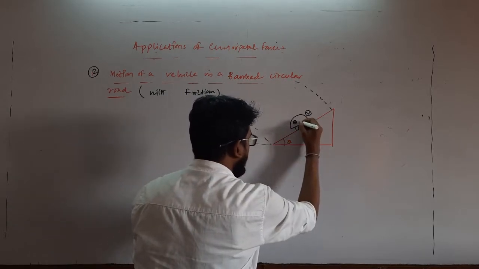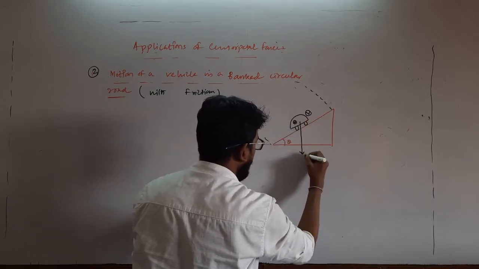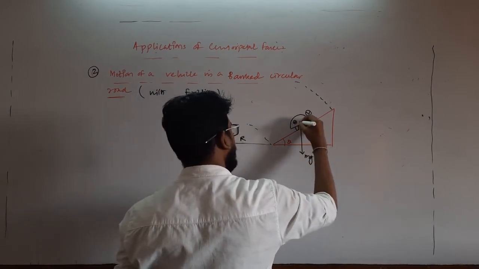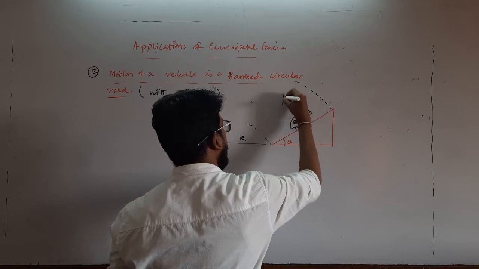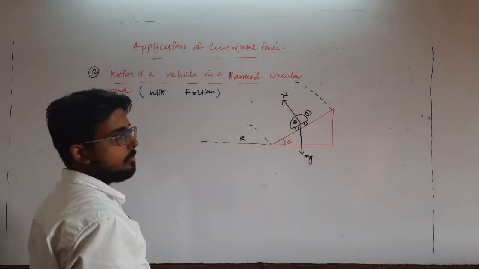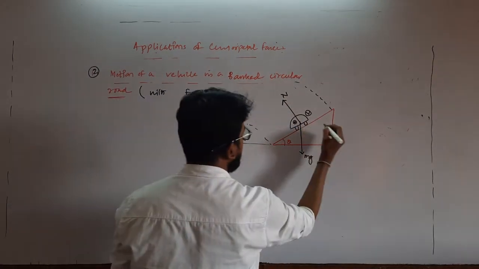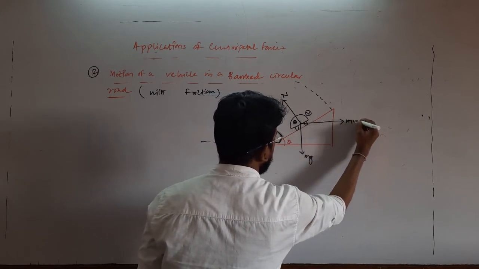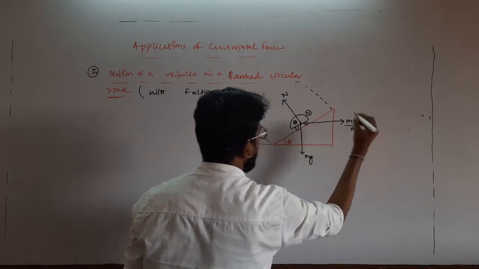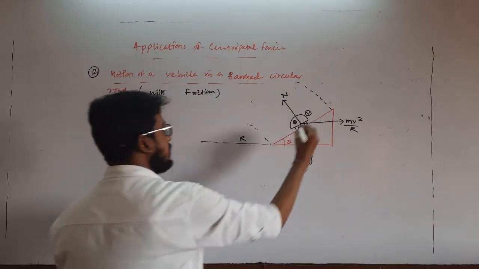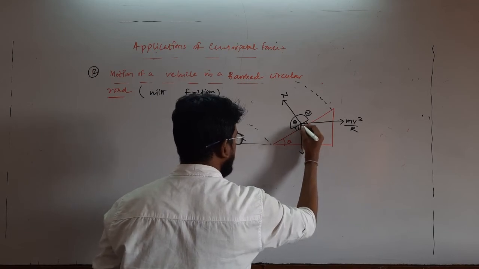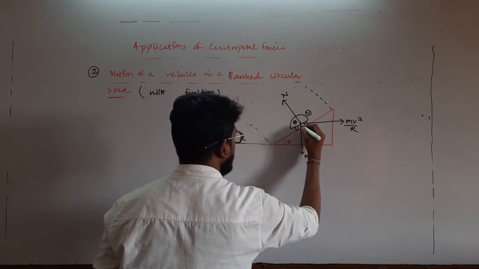The weight of the vehicle acting downward, mg, the normal reaction acting perpendicular to the plane, N, and the centrifugal force acting along this direction, that is mv square by r. Okay, and the frictional force along this surface will act along this direction.